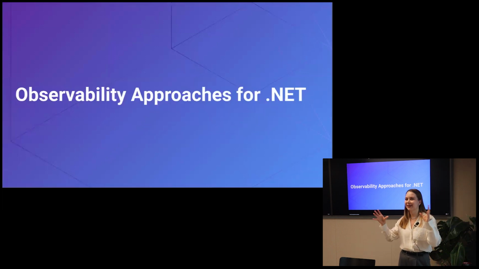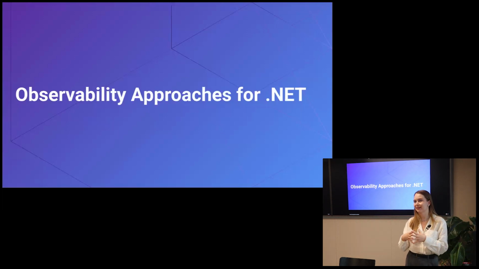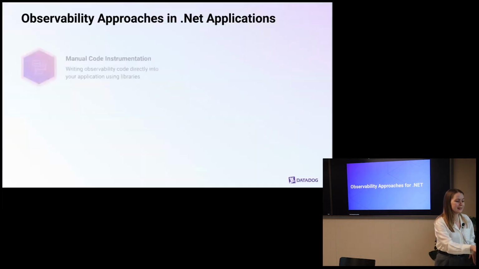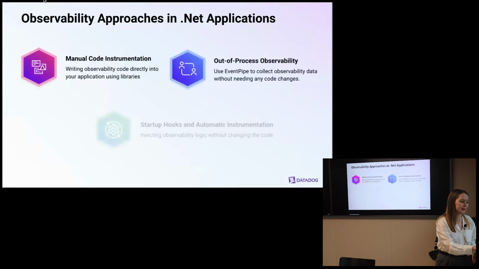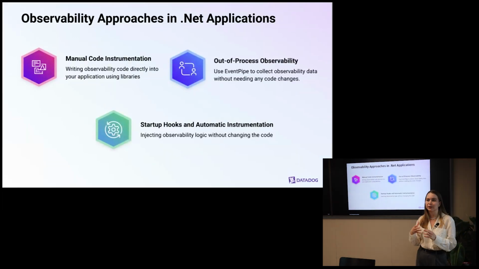Okay, so let's bring it home, back to .NET. So how to go ahead and monitor .NET? Let's look at a few approaches, and all of them depend on how you would like to control the data, how much you want to get involved in observability. So these are a few options for how you can start with observability.